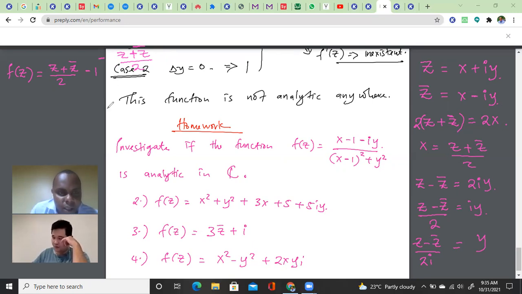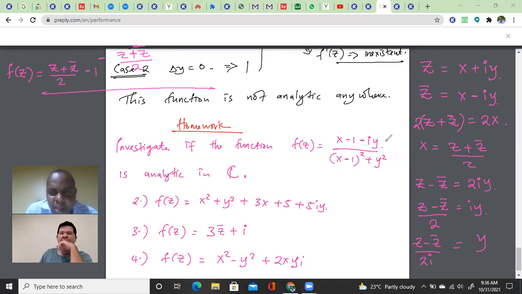Okay, so let's deal with the top first. z plus z bar over 2 minus z plus z bar over 2, they cancel out.